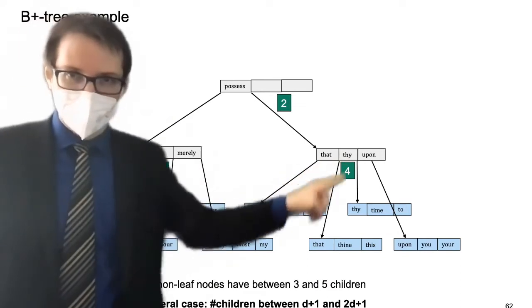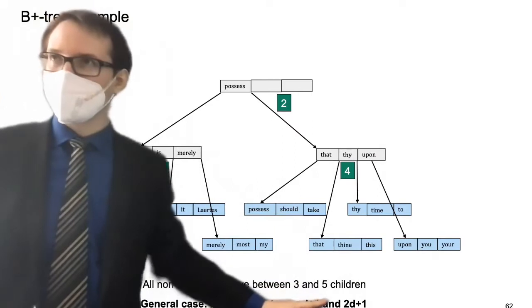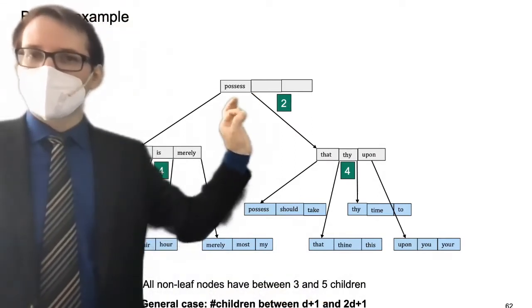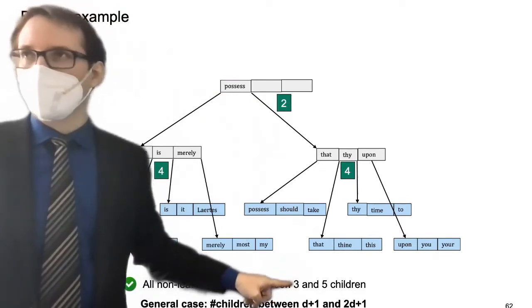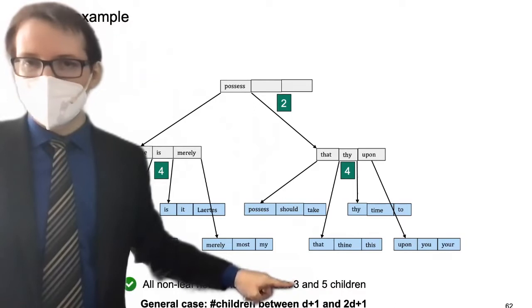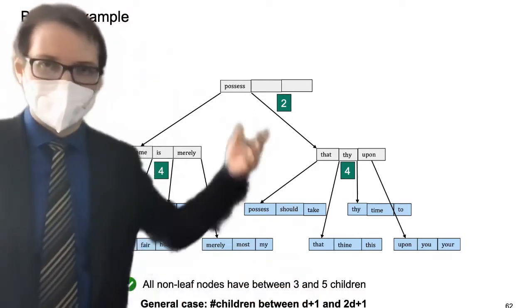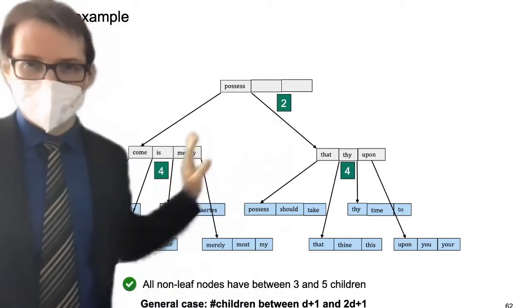This one has 1, 2, 3, 4 children, right? So this is between 3 and 5. The root, the ancestor, is special. It's the only one that can have less than the minimum number. It cannot have more, but it can have less. So here it's between 2 and 5 children, actually. One child doesn't make any sense, then you can just remove it. It's redundant. But between 2 and 5 for the root.